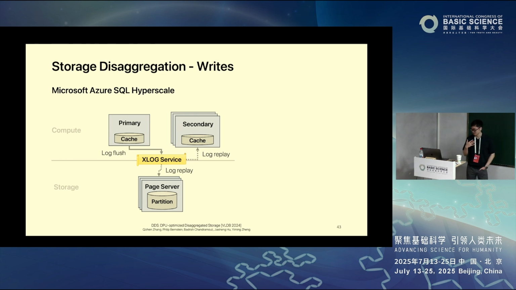That's why the secondary compute servers and page servers can keep updating their local pages through log replay. As we can see, these write operations are much more complicated than read operations, right?